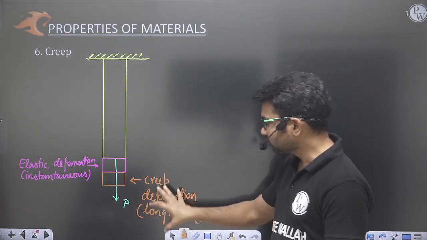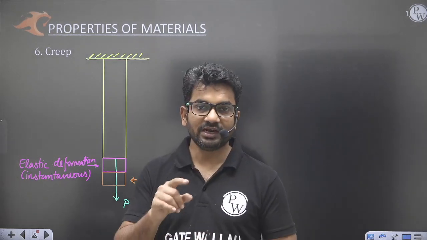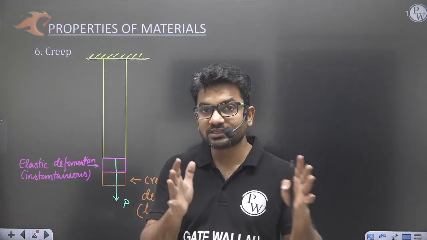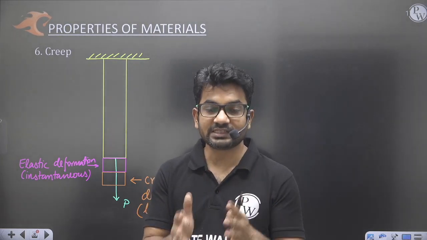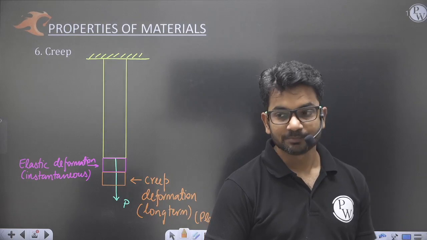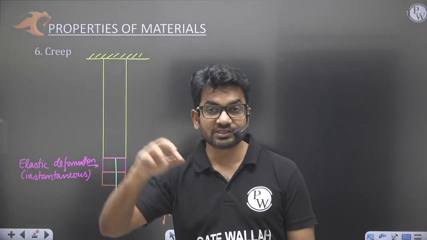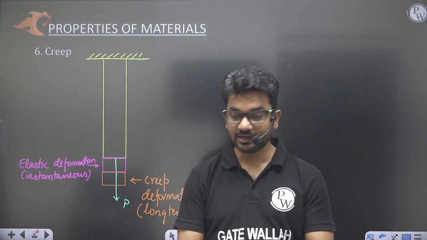So that's why creep deformation comes into the picture, and while designing it becomes necessary. All these things that are necessary in designing, we study in strength of materials, right? So RCC design, steel design, all these things will come into the picture when we study those subjects.